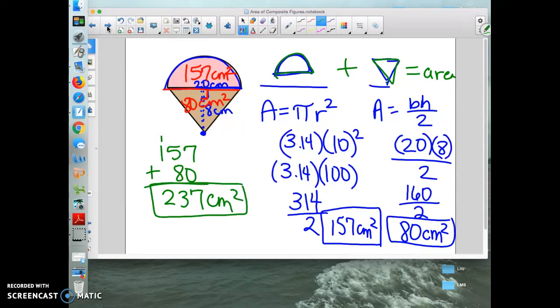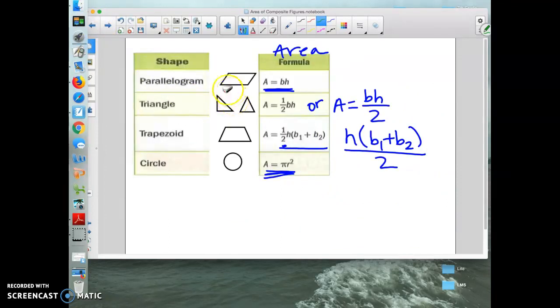Yes, there are a lot of steps, and yes, there are a lot of different shapes this could be, but you have to pay attention to what shape you need, which is why we did these area formulas first. If you know the area of circles, trapezoids, and triangles, and that parallelograms use the same area formula as squares and rectangles, then you're going to be just fine.